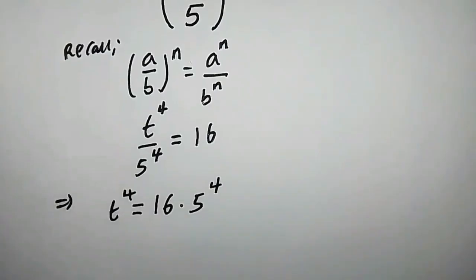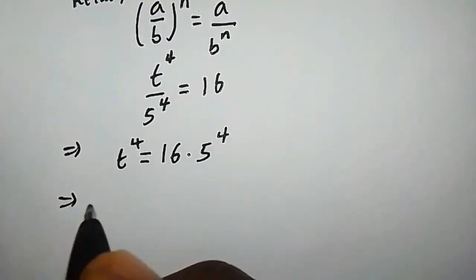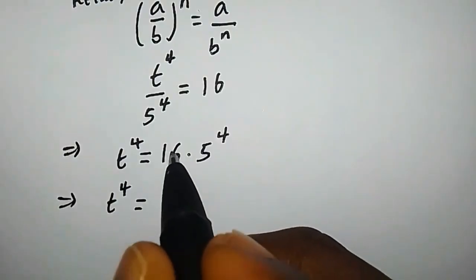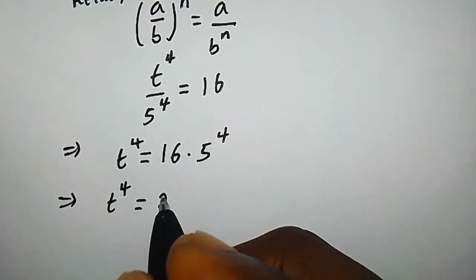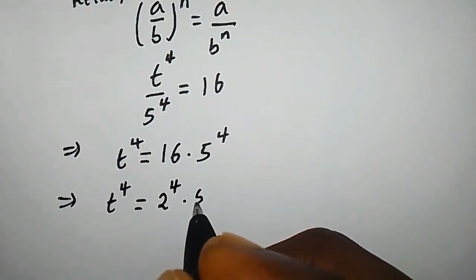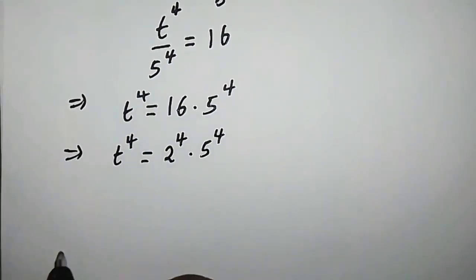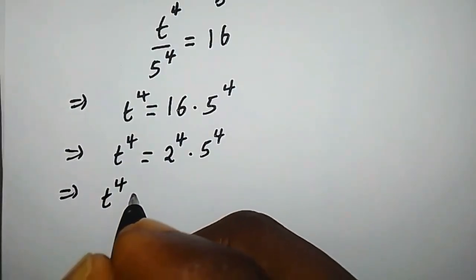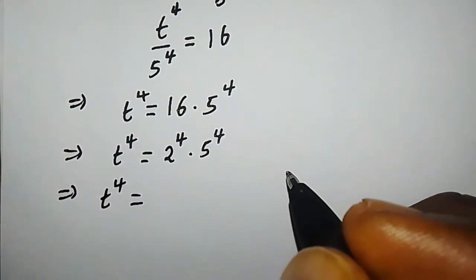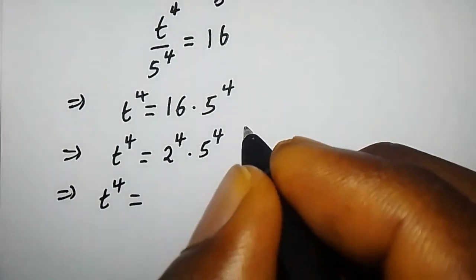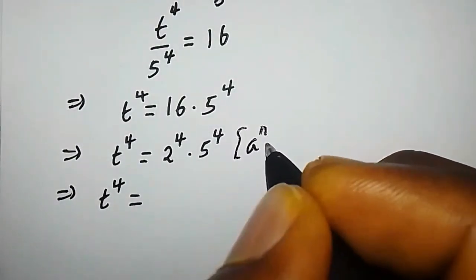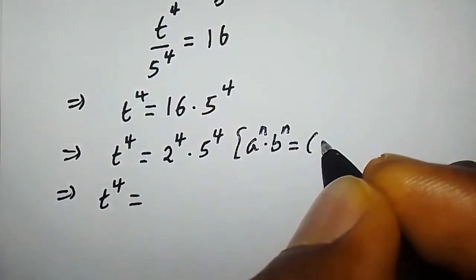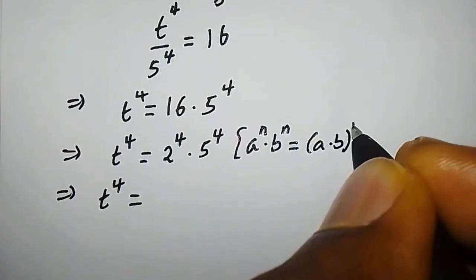When we cross multiply, this implies that t^4 is equal to 16, which could be written as 2^4, times 5^4. This means that t^4 is equal to, also recall that a^n times b^n is equal to (a times b)^n.